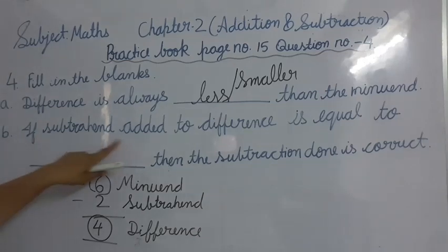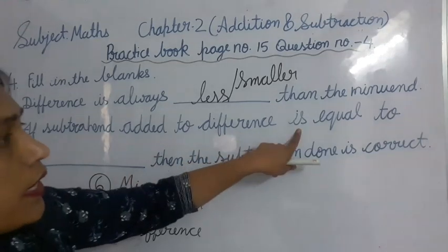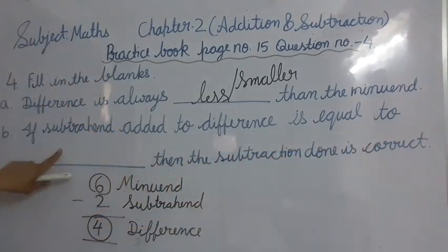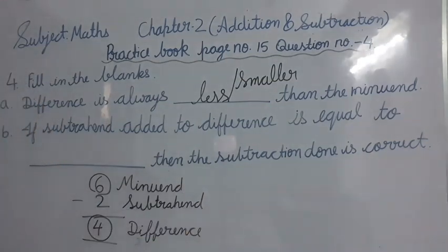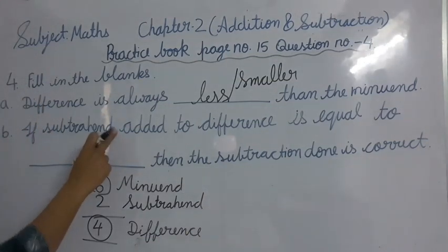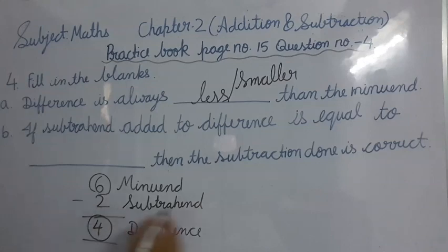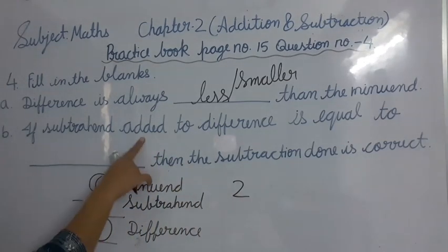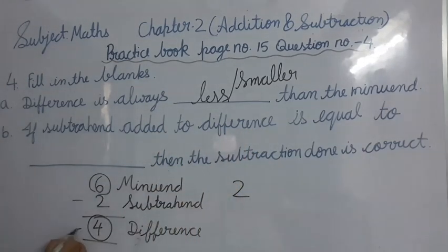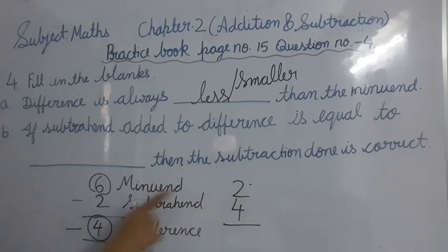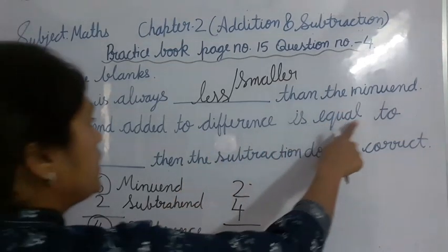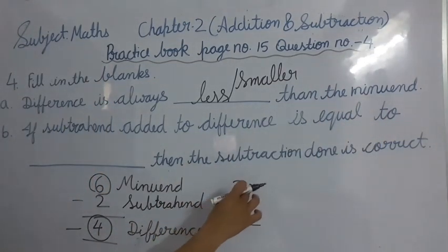Now come to the B part. If subtrahend added to difference is equal to blank, then the subtraction done is correct. Now what are they saying? If the subtrahend, 2, is added to the difference, 4, let's add that.